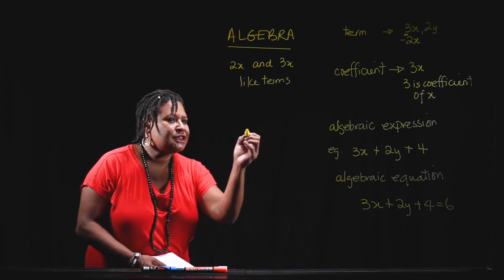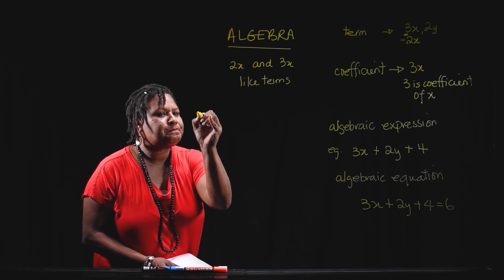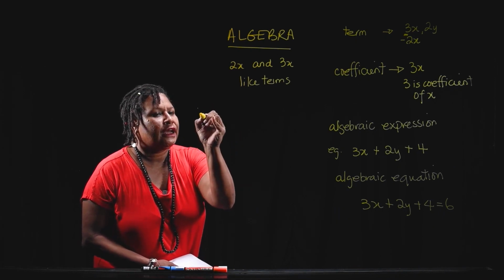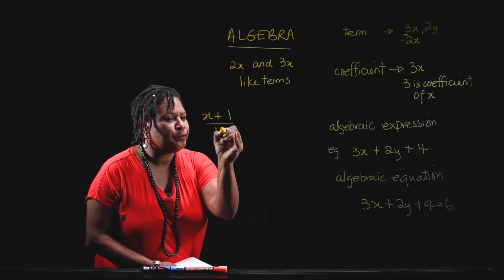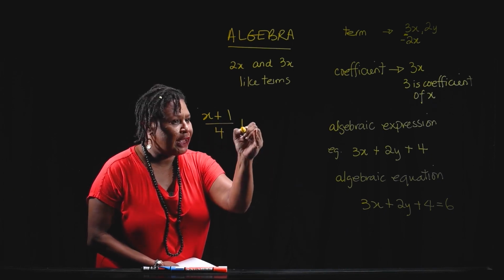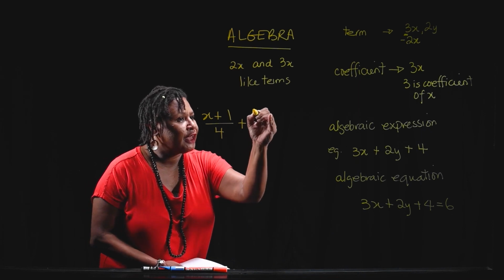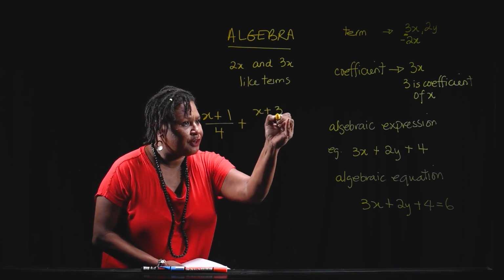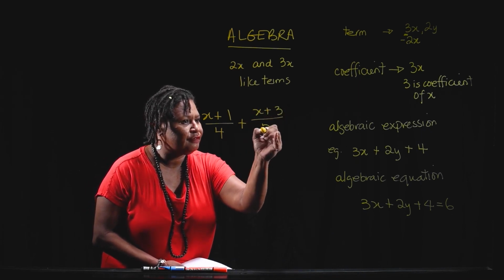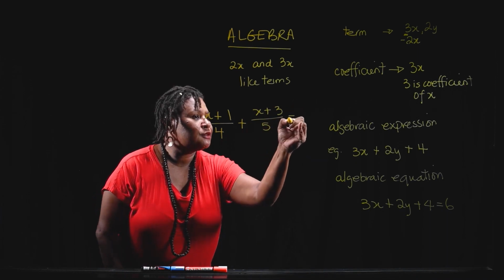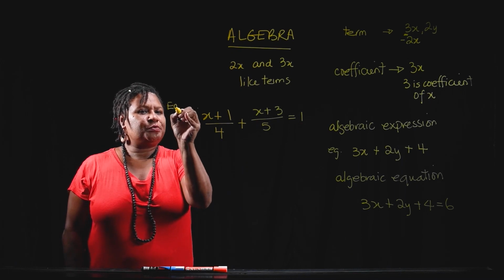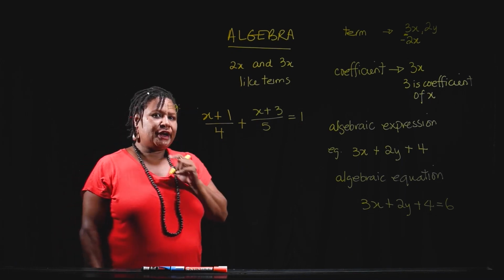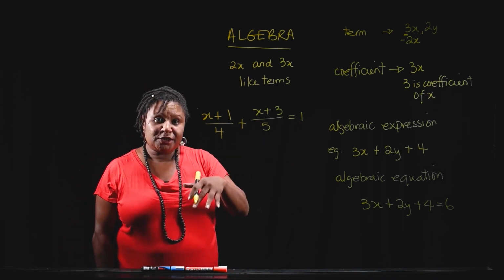Now, let's look at the equation (x plus 1) over 4 plus (x plus 3) over 5 equal to 1. Now, this is an equation with algebraic fractions.